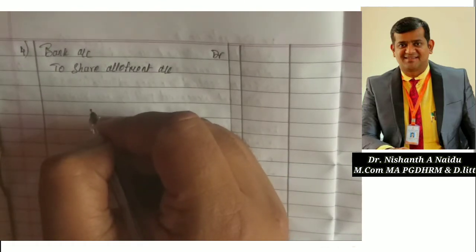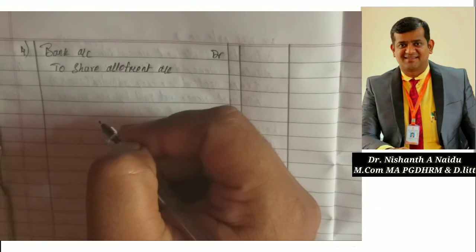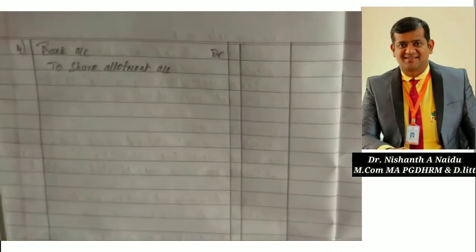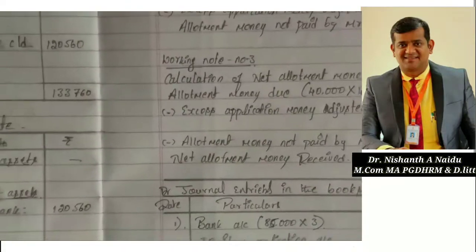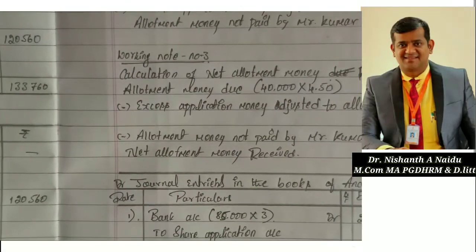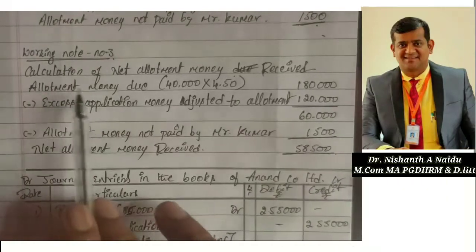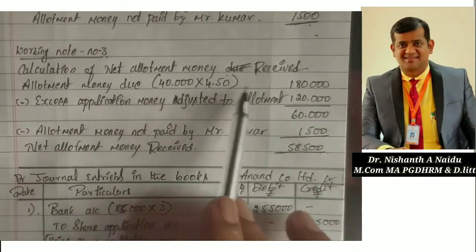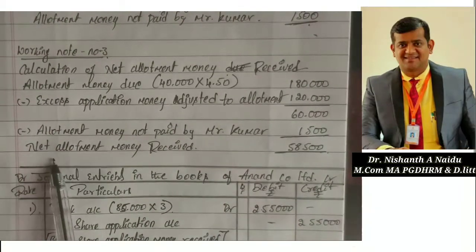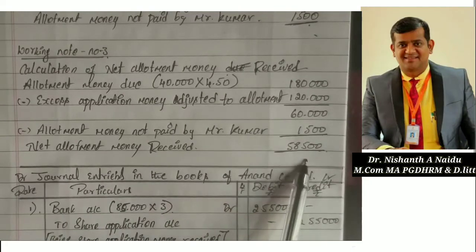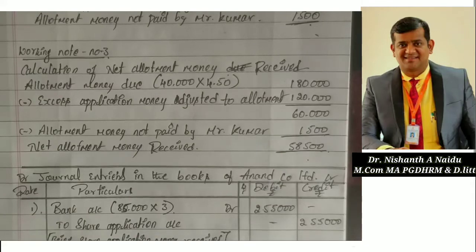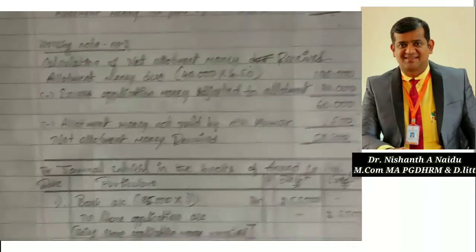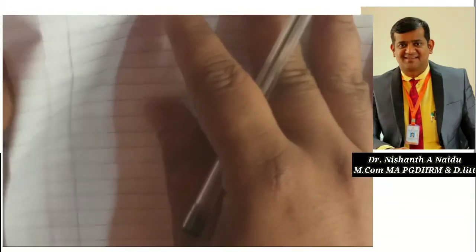So how much is the receive entry? We have done a working note for that. Clear? According to working note number 3, we have done the calculation of net allotment money received. So how much net allotment money received after the calculation? 58,500 rupees. So now do that calculation.